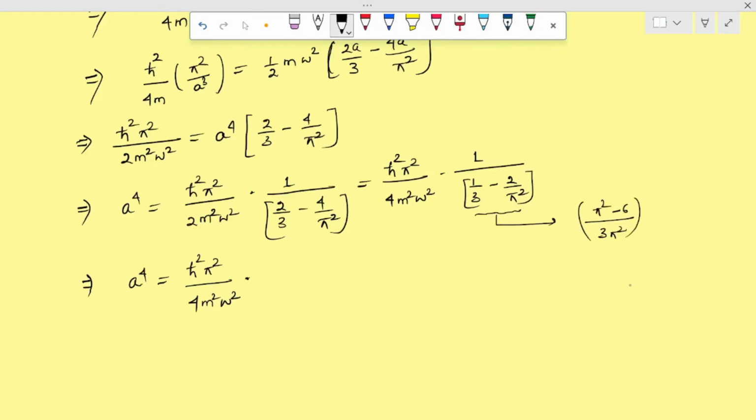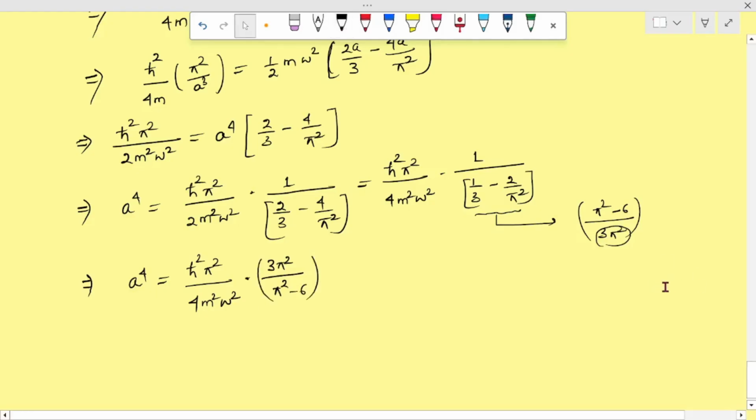If I take this term to the numerator, the reverse will be 3π² by π² minus 6.